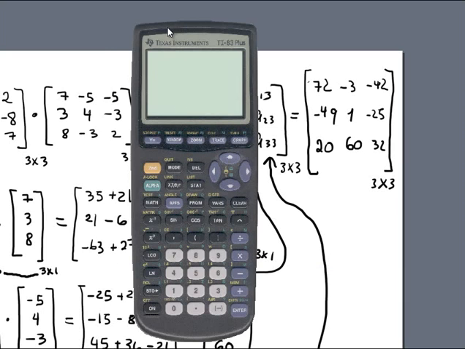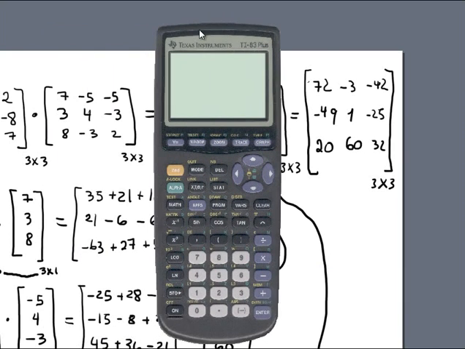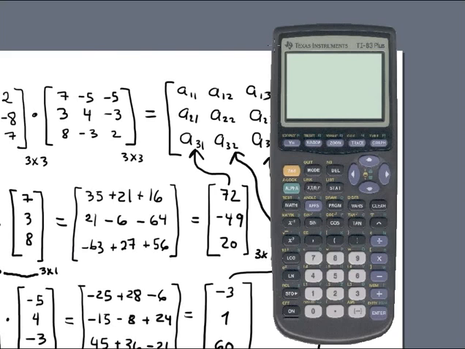Let's use a calculator to verify this answer. Okay, let me put the first matrix. Let's go to clear, second matrix, editor, matrix A is 3 by 3.